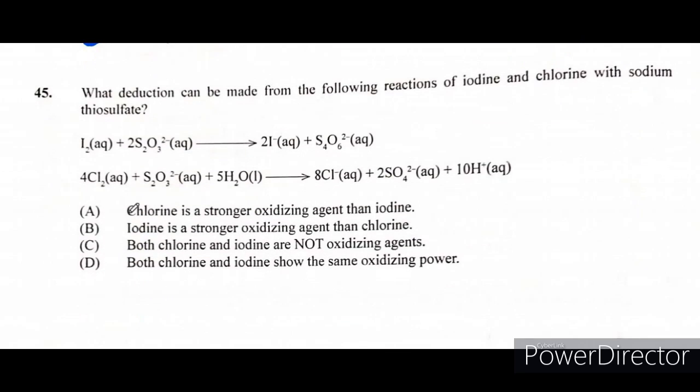Now, what deduction can be made from the following reactions of iodine and chlorine with sodium thiosulfate? Alright, knowing about the trends, I know the answer is A, because chlorine is a stronger oxidizing agent than iodine, but let's prove it based on the equations here.